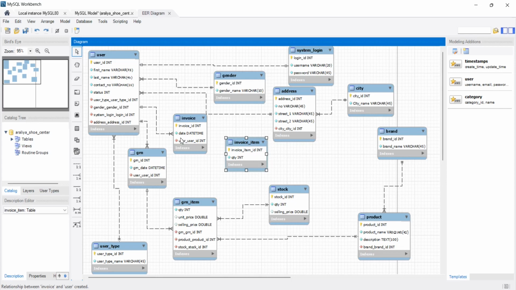One invoice can contain many invoice items, while a single invoice item can be in many invoices. So it also has a one-to-many relationship. Many side should go to invoice item.